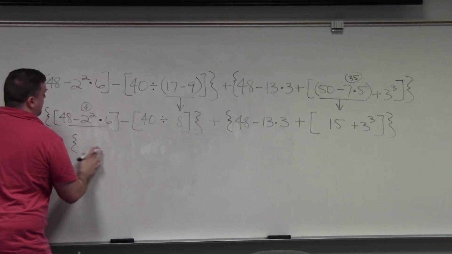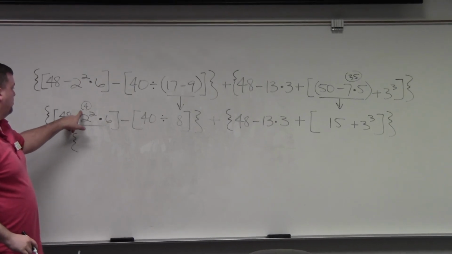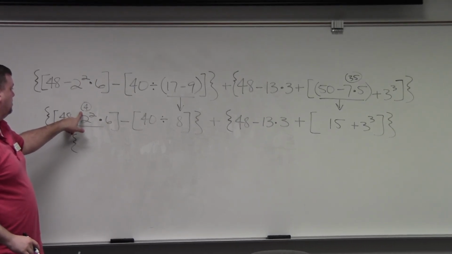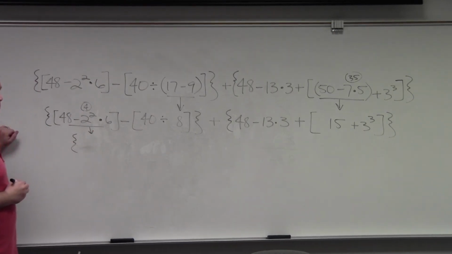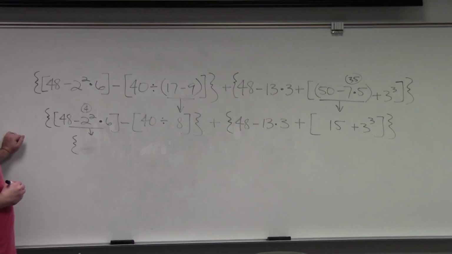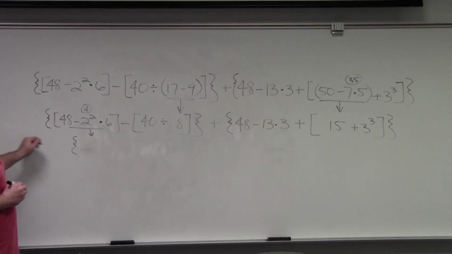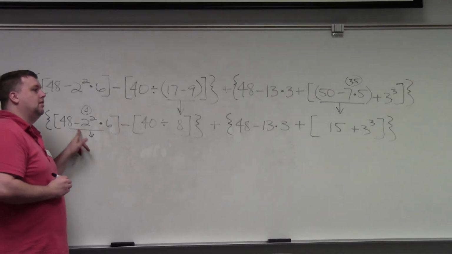So 48 minus 4 is 44, and then 44 times 6. I think it's 264. It still goes the same way to do the multiplication first, right? The exponent, 4 times 6 is 4, and then 48 minus. Oh yeah, we've changed the order now, right?